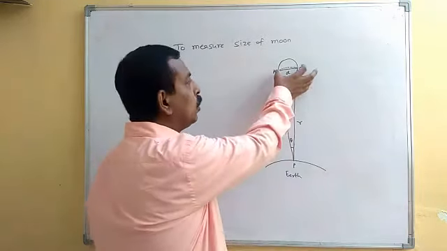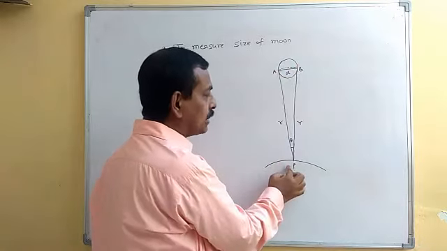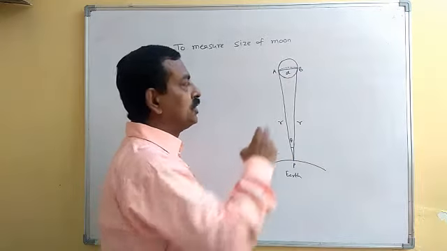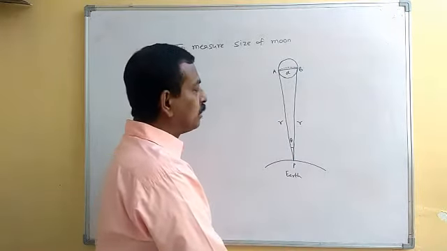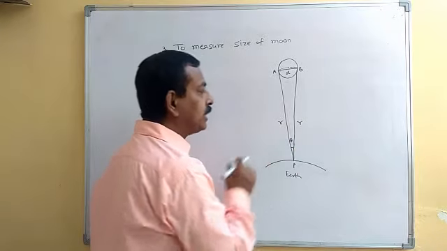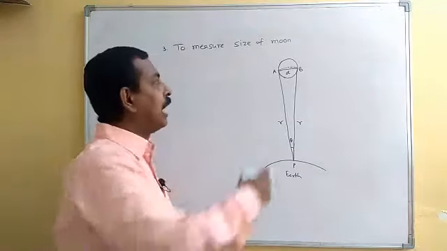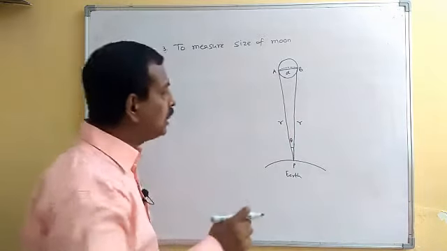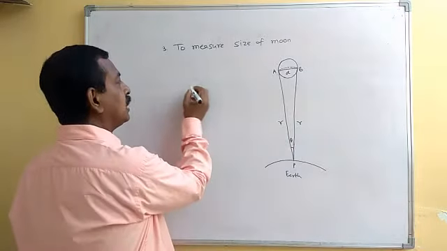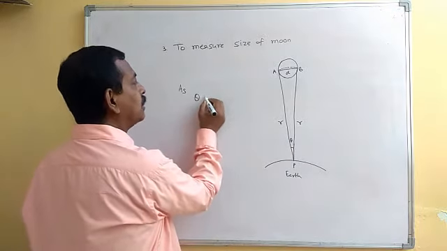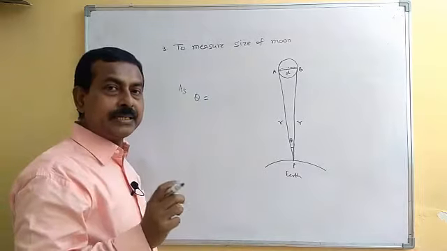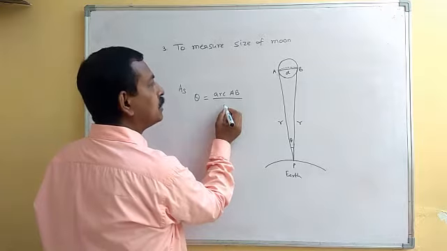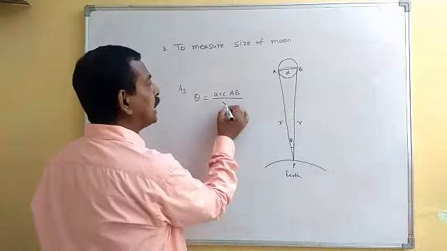And we see what angle its diameter is making at the point P. Suppose the diameter of the moon is d, and we have taken measurement from the point P where it is subtending an angle theta, and r is the distance of the moon from the point P. So here, for this angle theta, we can take angle which is arc by radius. So this is your arc AB divided by this distance AP or BP, that is r.